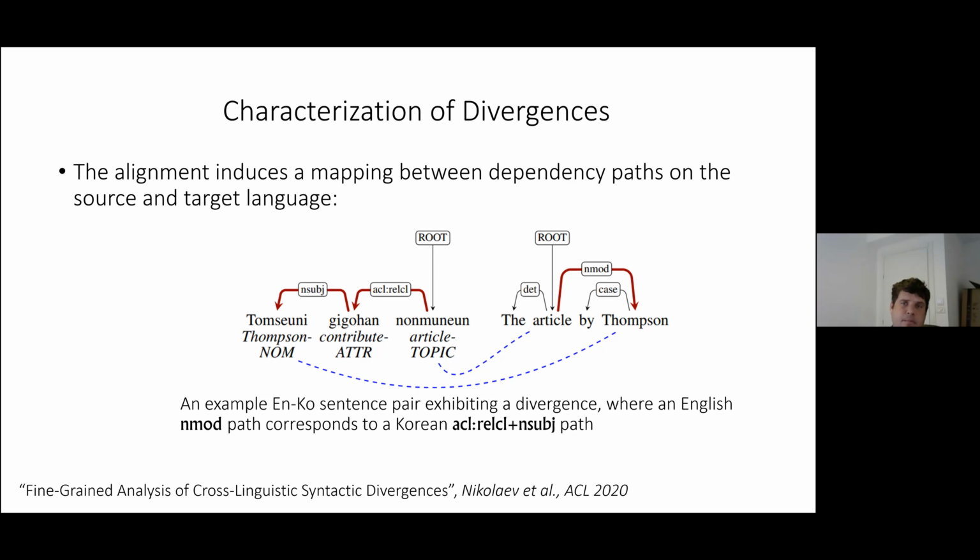So in this example here, you can see a divergence between English and Korean, where a nominal modifier in English corresponds to a path of relative clause and then a nominal subject in Korean.